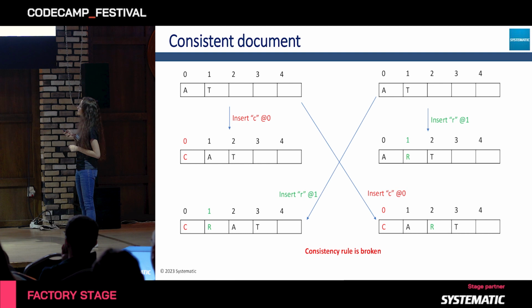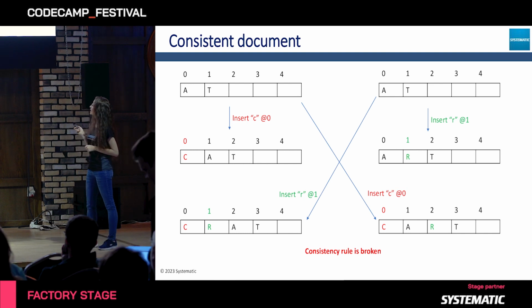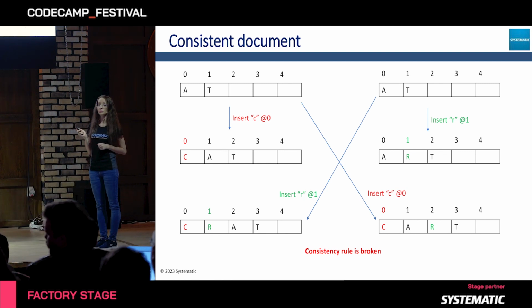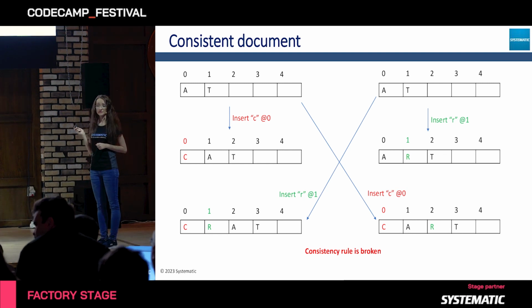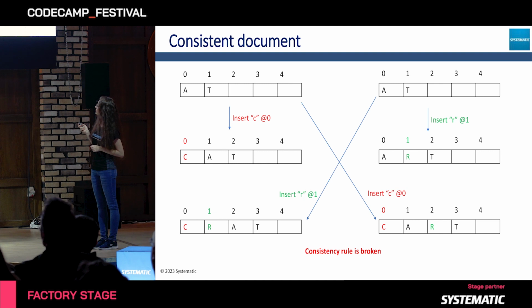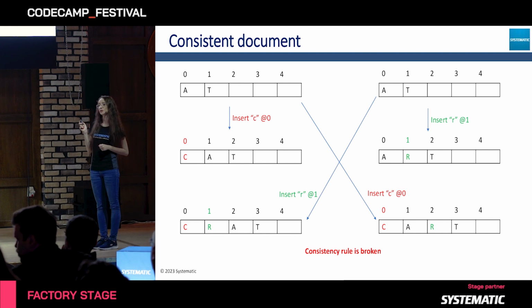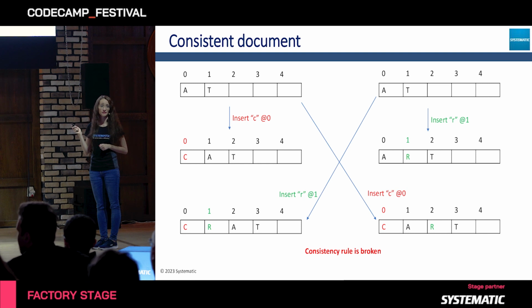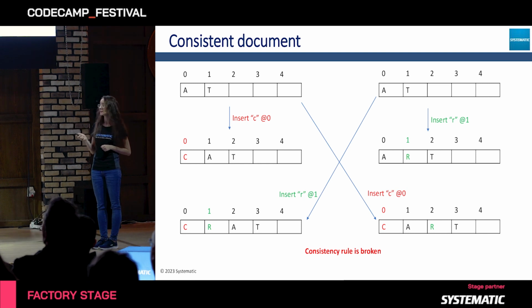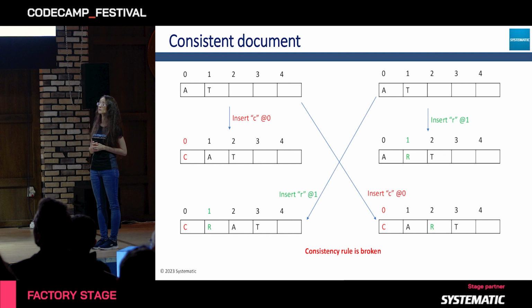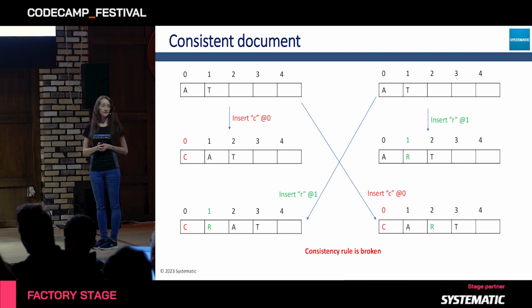When user 2 gets the notification from user 1, meaning insert C at position 0, we get heart. What happens if we receive the same kind of notification from user 2 at user 1, meaning insert R at position 1? We get frat. And I honestly don't know what that was, but definitely not the intent of the users, because the consistency rule is now broken. We have different text in the final version of the document.